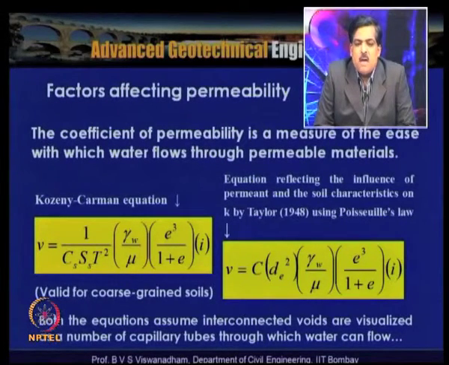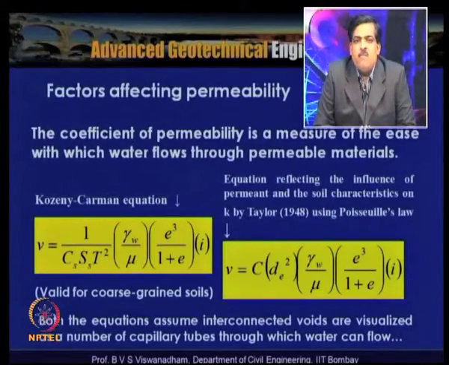This is nothing but V is equal to Ki. The coefficient of permeability K is indicated by 1 by Cs Ss T square, gamma W by mu, into e cube by 1 plus e. So, this is according to Kozeny-Carman.